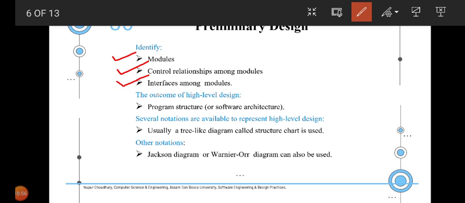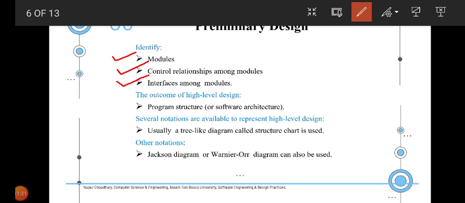The outcome of this high level design is basically a program structure or a software architecture where the entire structure of the program is mentioned. We use several notations for representing this high level design. The one we saw a few minutes back is basically a structure chart or a tree like diagram.